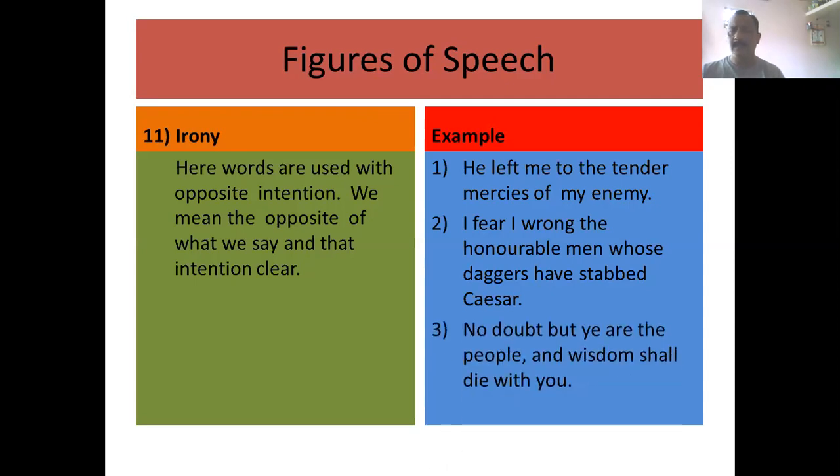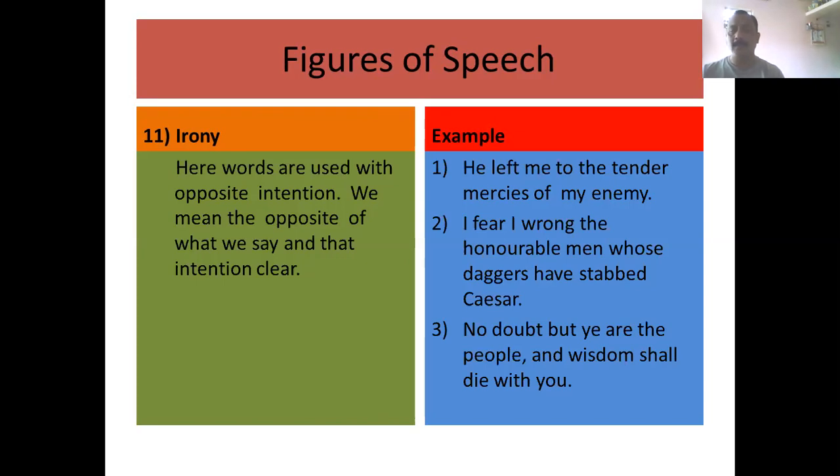Then the third example: No doubt but ye are the people, and wisdom shall die with you. Here also the people or the public think themselves wise. Indirectly the speaker wants to say that they are not wise, they are fools, they are silly. But he says that wisdom shall die with you.